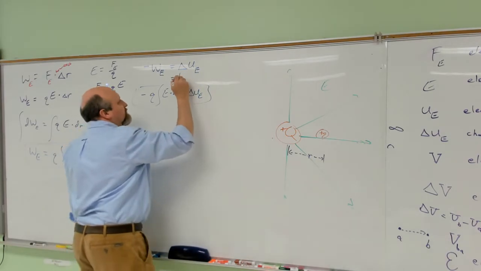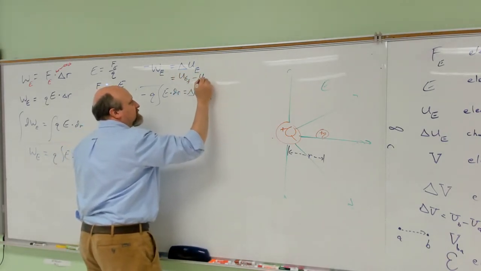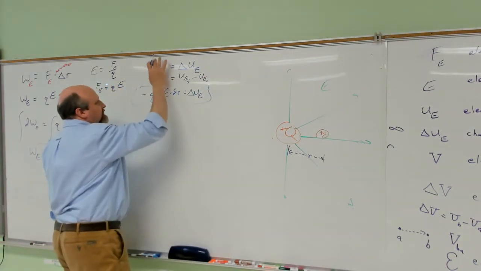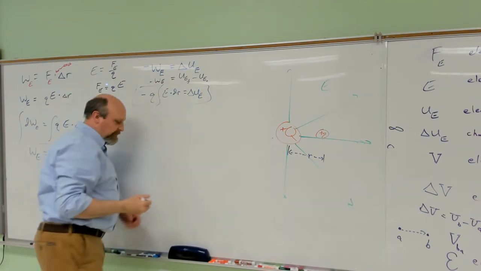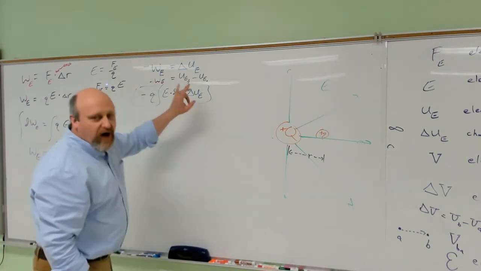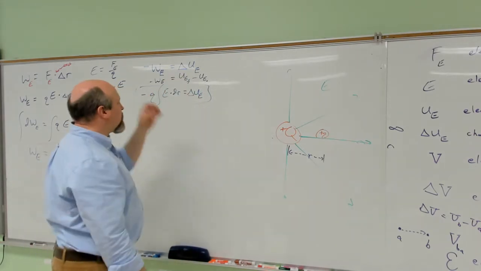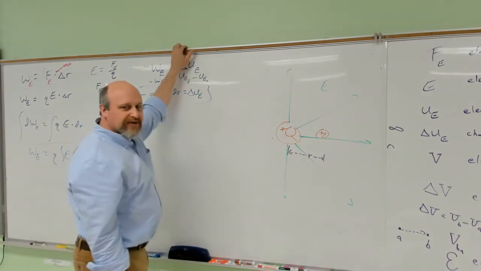So this would be my U_E at some final location minus my U_E at some initial location. If I can calculate the work, which I have equations for, and flip the sign, then it gives me that. But right now I don't really want a change in U equation. Right now what I want is just a way of calculating U for a particular arrangement.